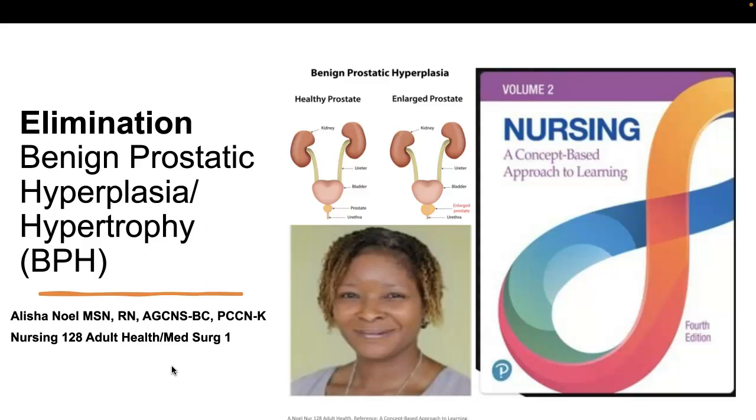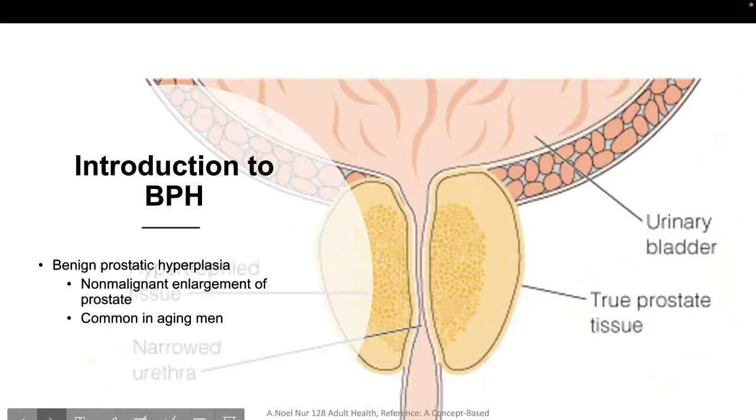In this particular course, we are looking at the GU system, which involves BPH and UTI. In future semesters, you all will begin to explore elimination issues within the GI system. So let's begin looking at BPH.